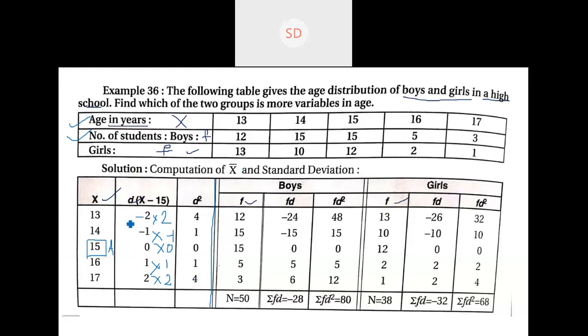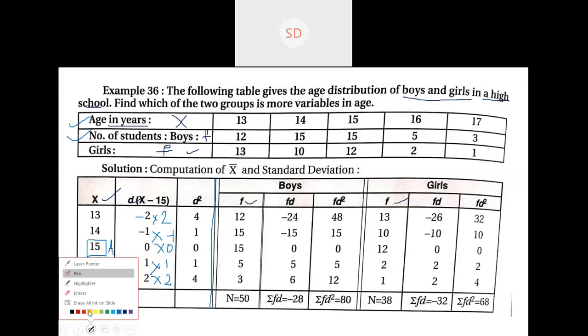So now I'm taking the first two columns here, that is age in years and number of students. That frequency of 12 to 15 is considered. Now what we are supposed to do is the next column, frequency into D. D is nothing but deviations, which we already calculated here.